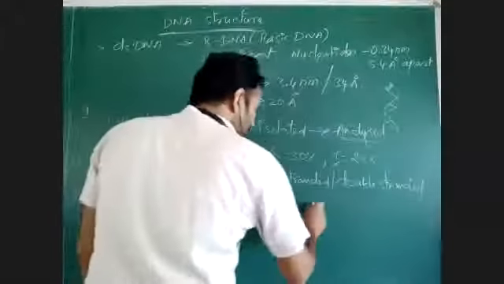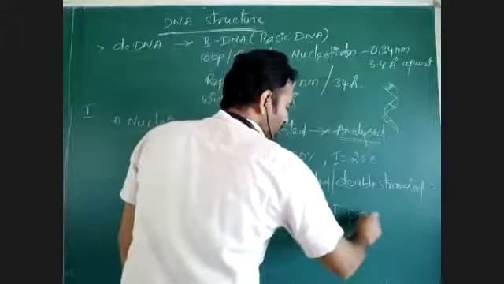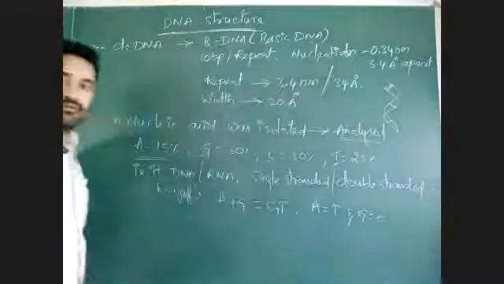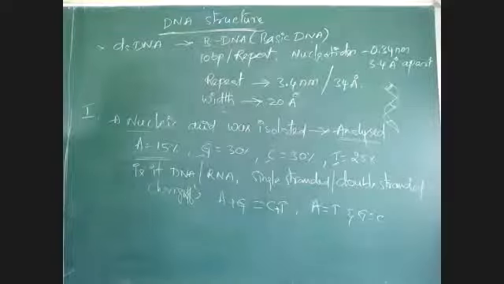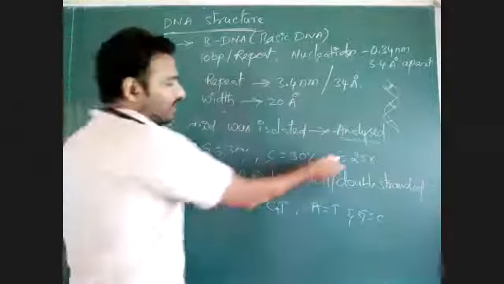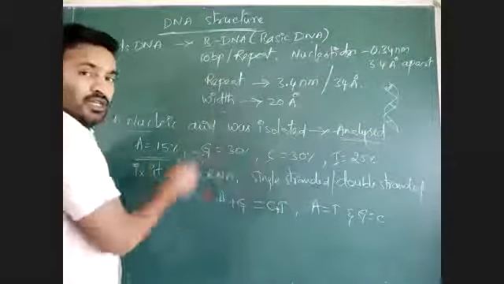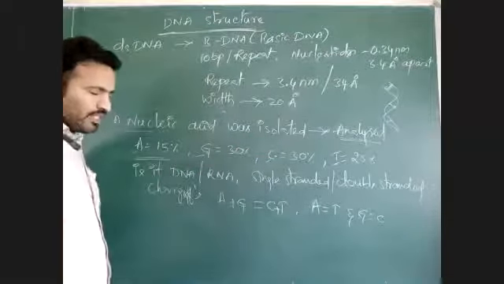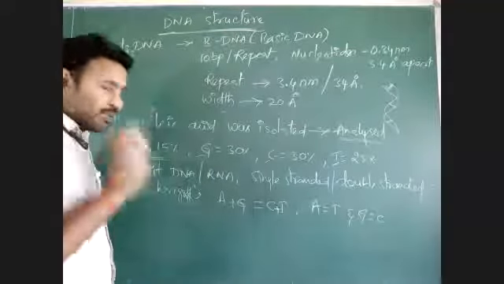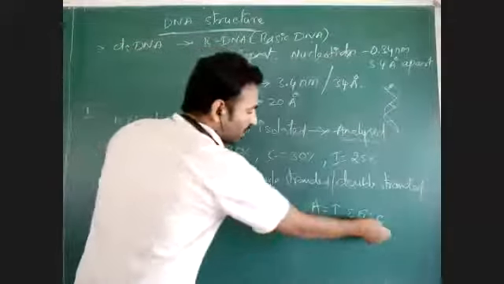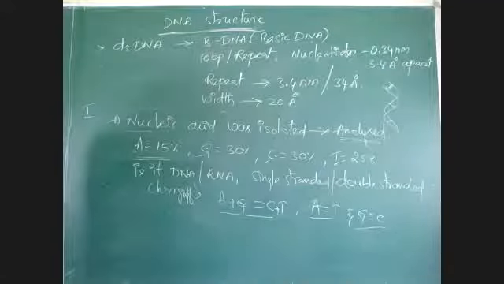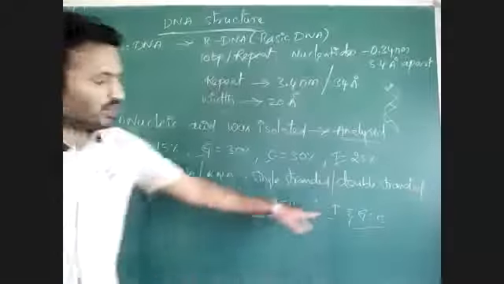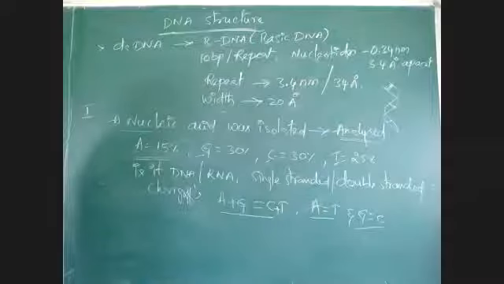Not only that, A should be equal to T and G should be equal to C. But here A is not equal to T. G is equal to C, but A is not equal to T. If it is a double stranded molecule, it should obey all these laws. The Chargaff rule says that A is equal to T and G is equal to C. At the same time, A plus G is equal to C plus T.